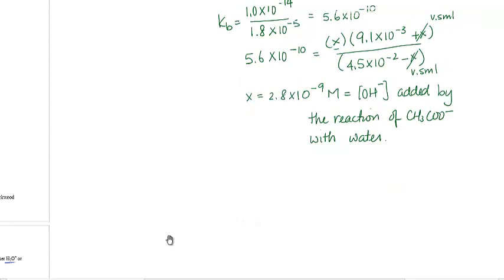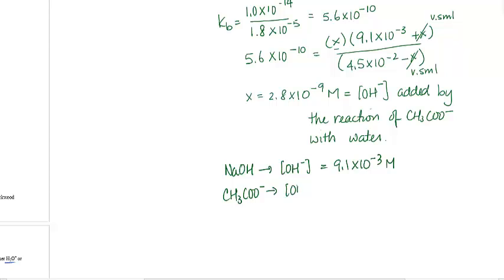If we compare the amount of OH added by the excess NaOH, we have 9.1 times 10 to the minus 3 molar. Whereas when we take a look at the amount of OH added by the reaction of our conjugate base of the weak acid, we have a value of 2.8 times 10 to the minus 9 molar. As you can see, this amount is negligible.